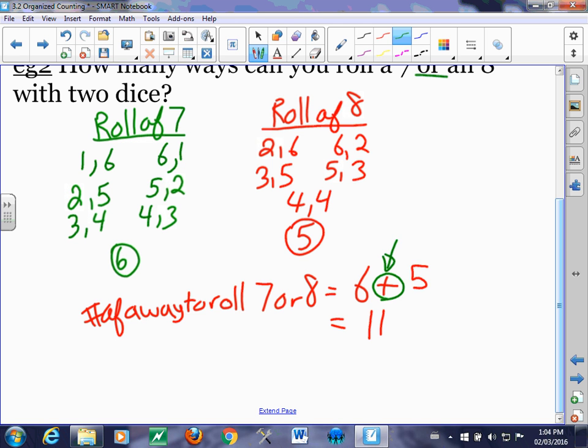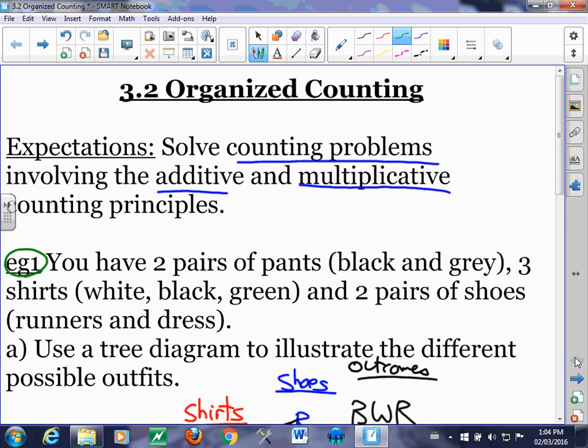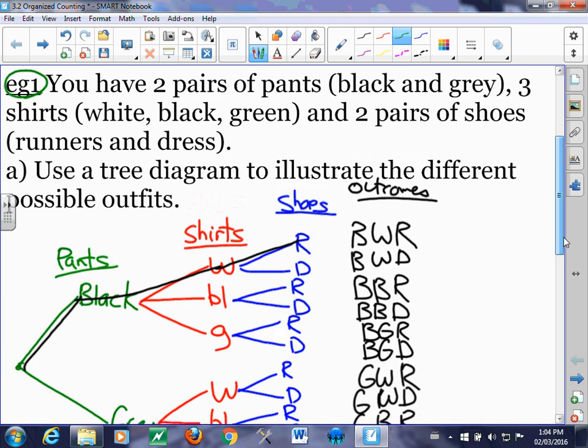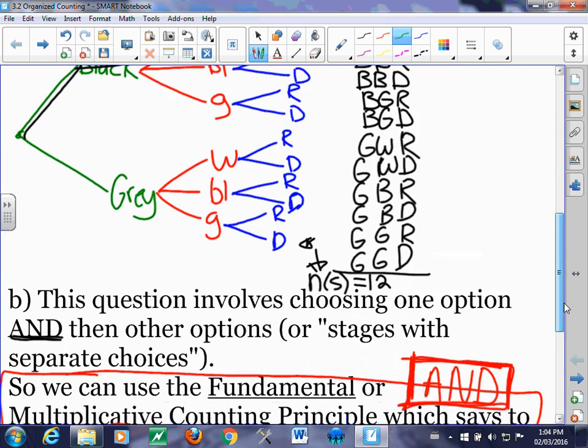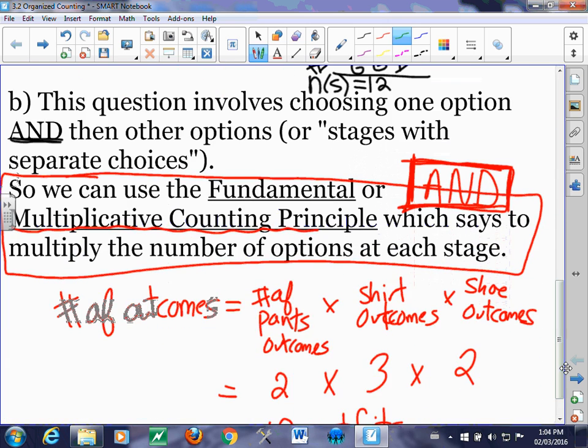So for an "or," you add. If we go back quickly to when it's an "and," notice this question: we have 2 pairs of pants and 2 pairs of shoes and 3 shirts. The "and" tells us to multiply. So "and" means to multiply, "or" means to add.